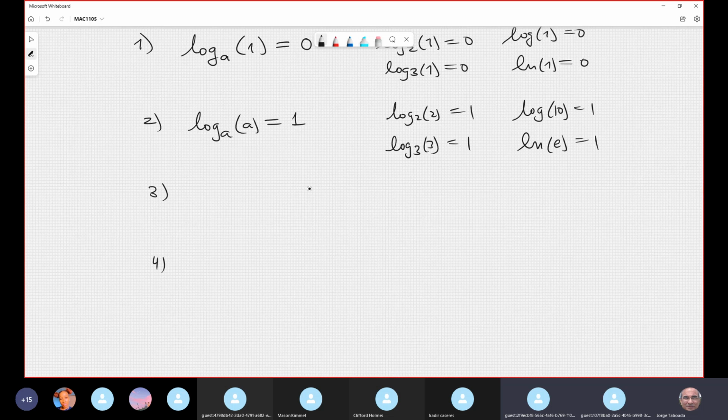Therefore, when you form a composition between an inverse and the original function, the answer is the identity function. The idea behind this is clear. It's because one function undoes the other function and they cancel out. And the answer is the identity, we get nothing, right? We come back to the same number.